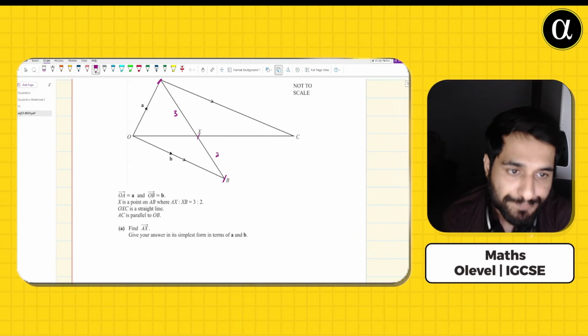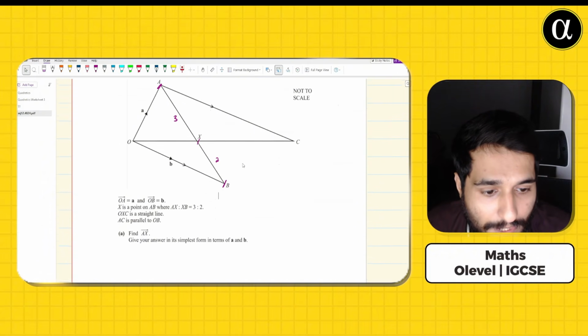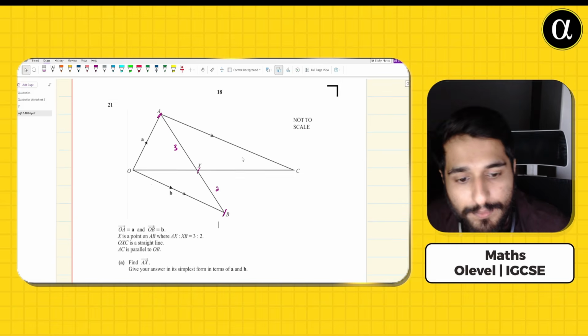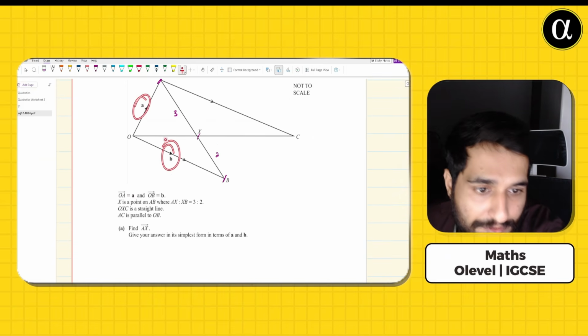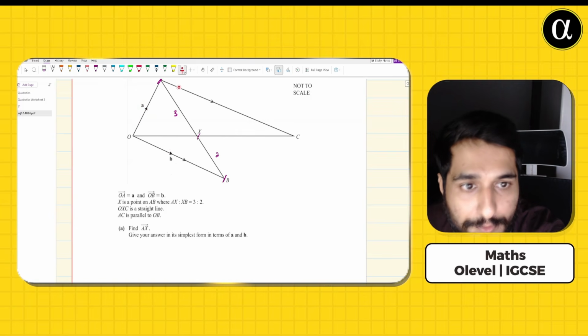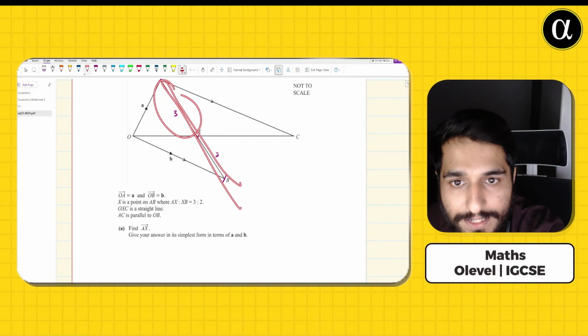How will we find AX? Let's see. Now, in order to find AX, is there any other value that we know? Yes, we know that OA is equal to a and OB is equal to b. So the first thing that we're going to do for AX is to find AB. Since AX is some part of AB, first we'll find AB.